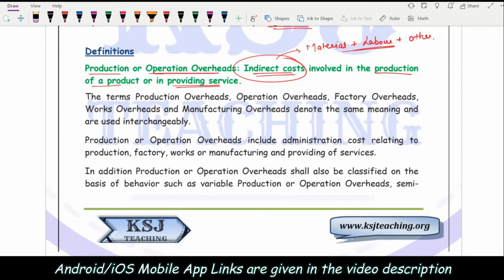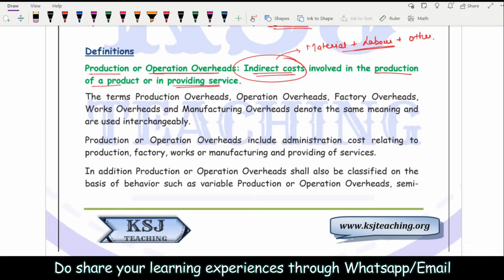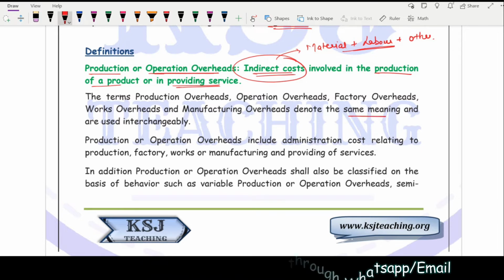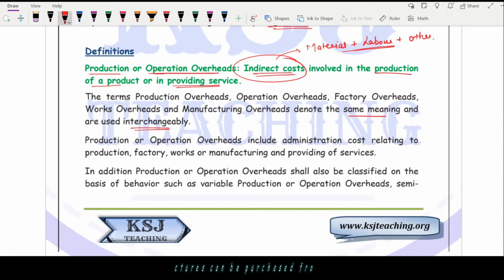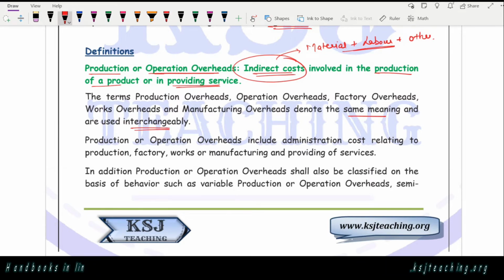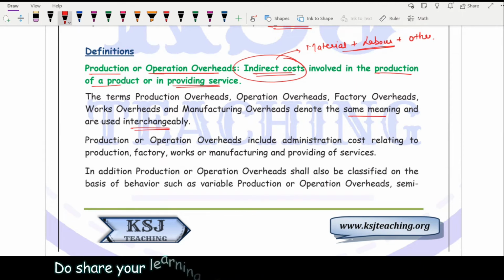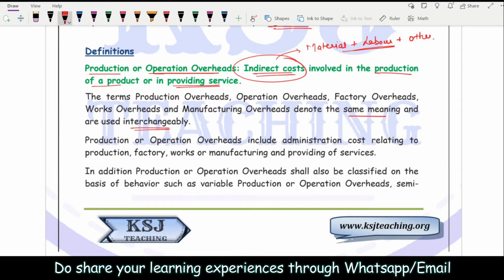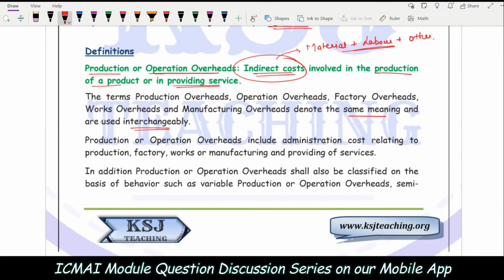The terms production overhead, operation overhead, factory overhead, works overhead, manufacturing overheads denote the same meaning and are used interchangeably, right? As we have already covered the chapter of cost sheet, there we call it factory overheads, works overhead also. Works cost, we calculate the works cost. We call them manufacturing overheads, operation overheads.